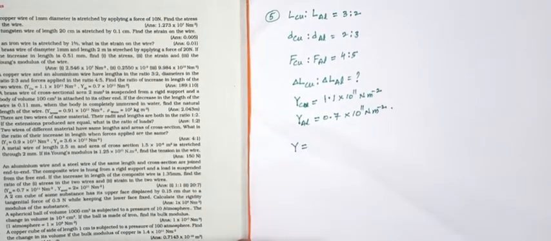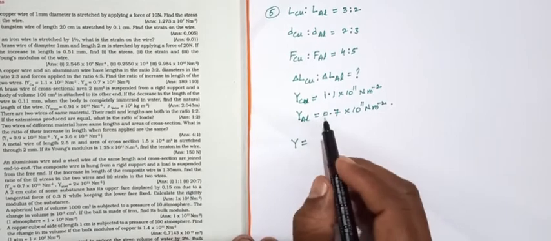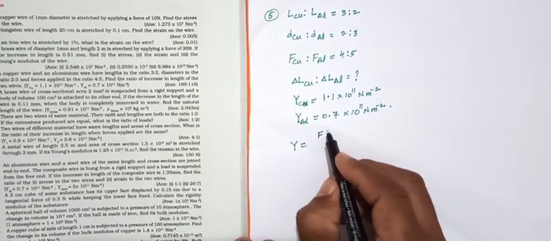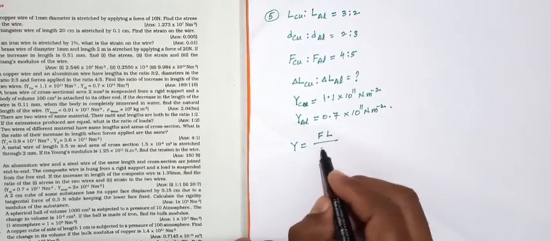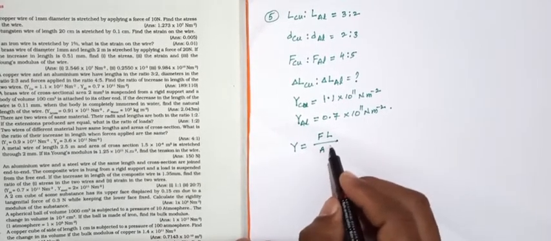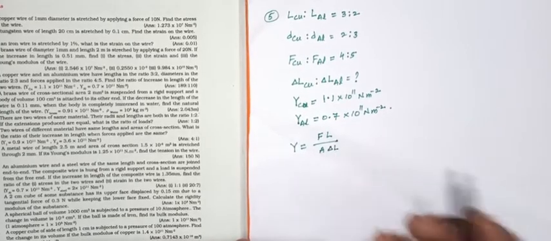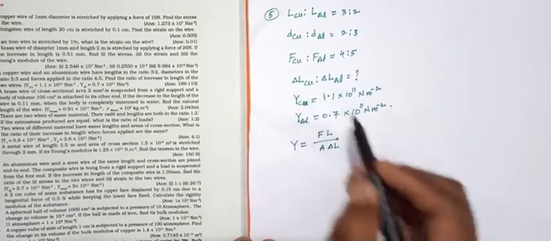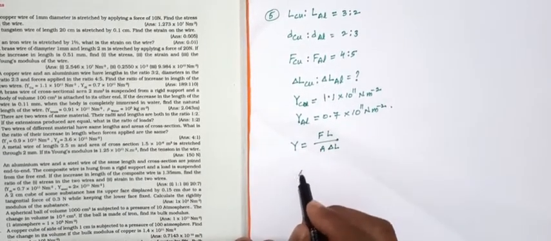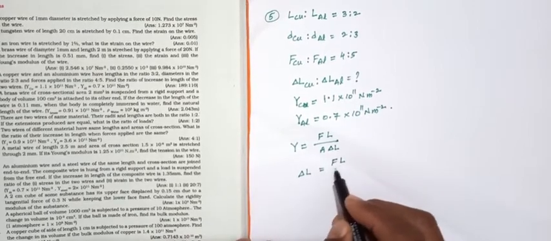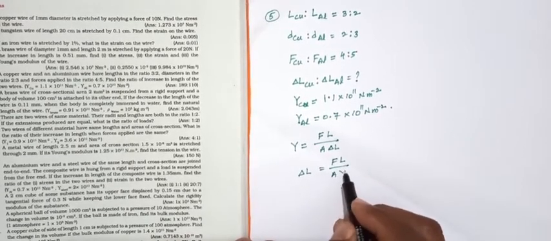Young's modulus Y equals force into length divided by area into delta L. So we can find delta L. Delta L equals force into length by area into Young's modulus.